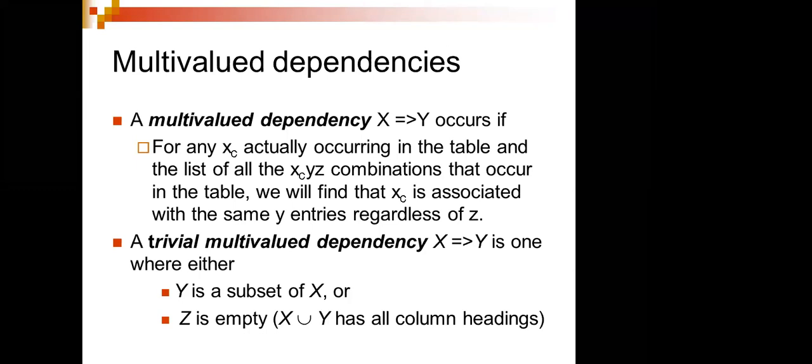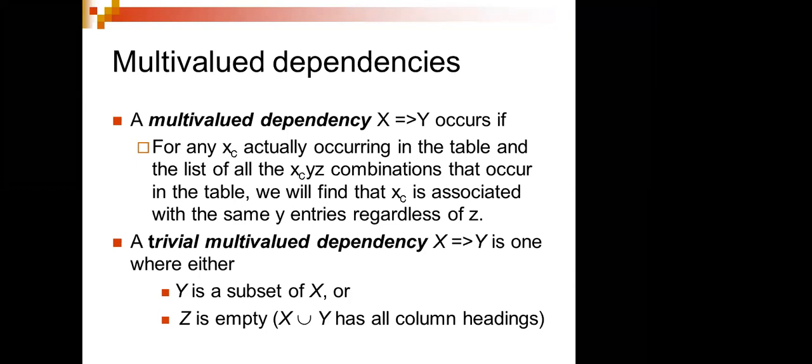The roll number is a part of that particular name record, so here Y is the subset of X: X is the roll number, Y is the name. Then Z is empty. When I say the empty concept, you have to remember the primary key concept: it should not be kept empty and it should be up-to-date data. So how are we trying to divide this?